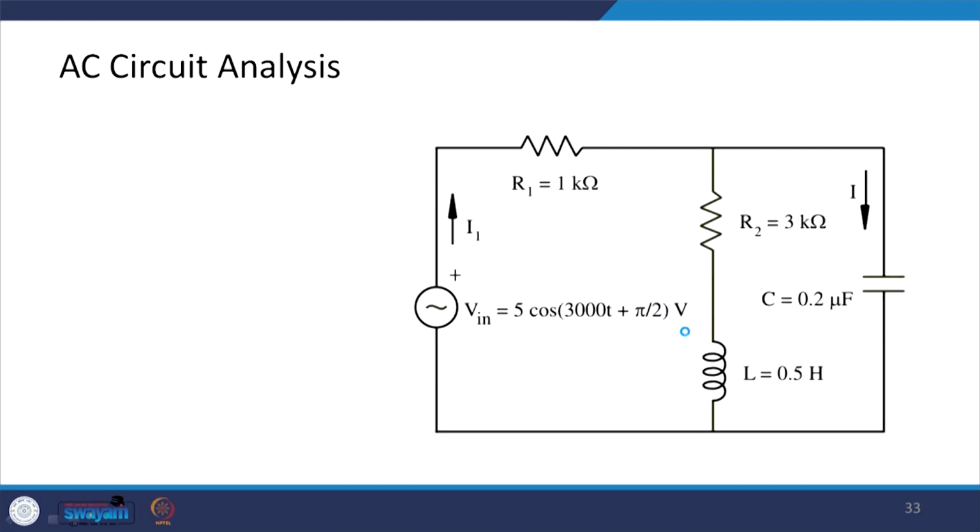Okay. So, our AC circuit analysis could consist of, say, a source, then a resistor, inductor, capacitor. All these types of elements could be there. So, we can carry out the AC circuit analysis.